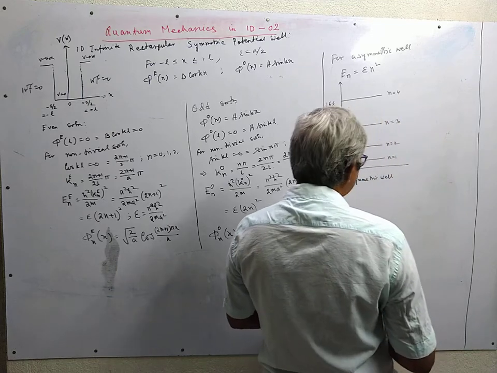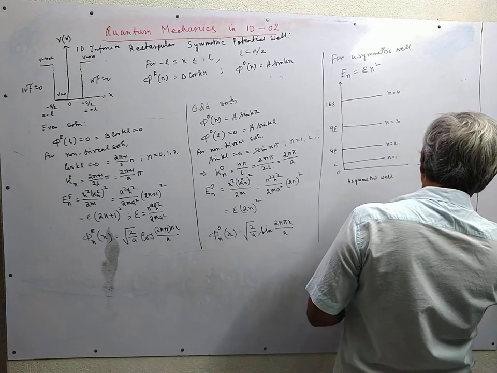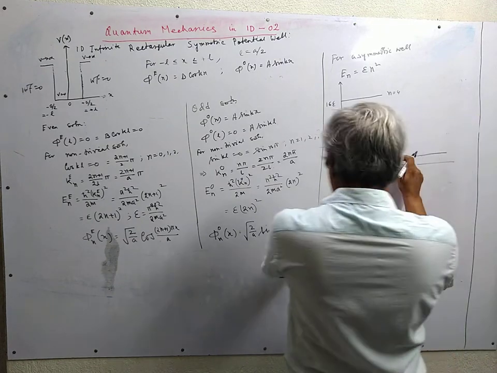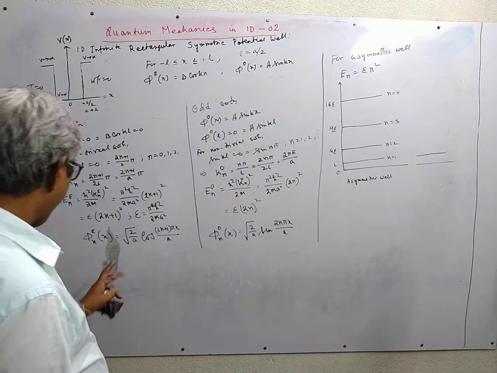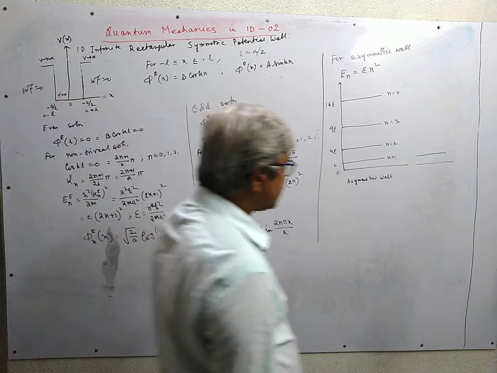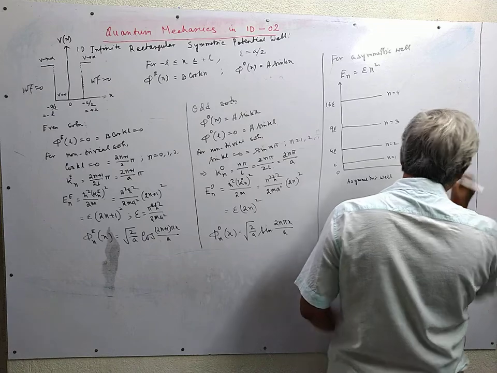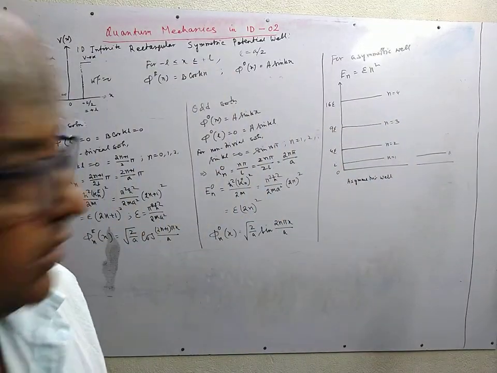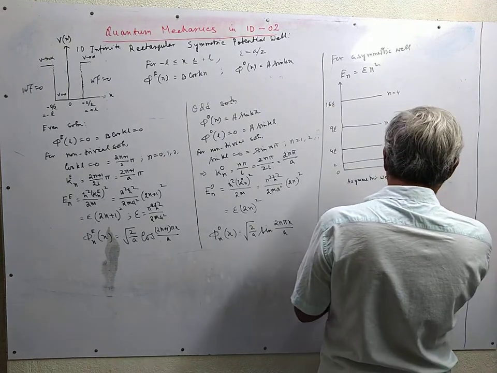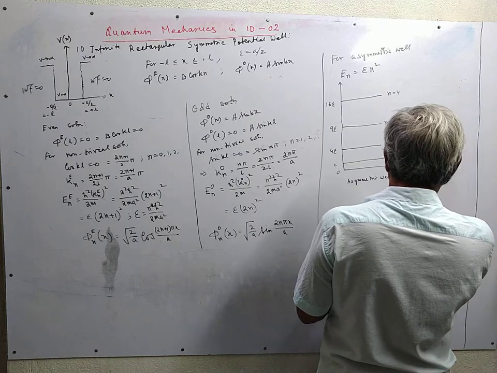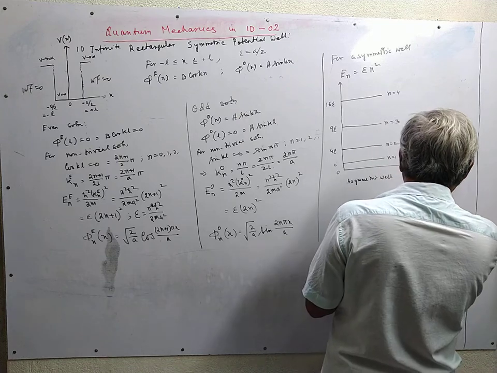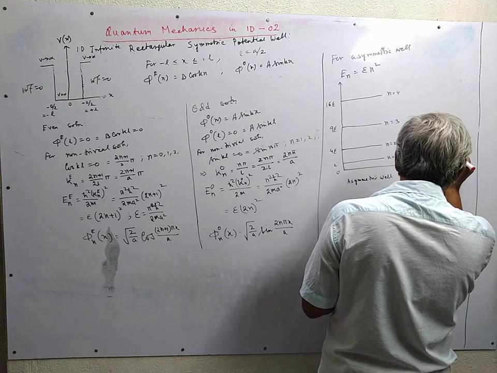If we consider the symmetric well by the side, this is the zero level. This is the epsilon energy, which comes from n is equal to 0 of the even state.